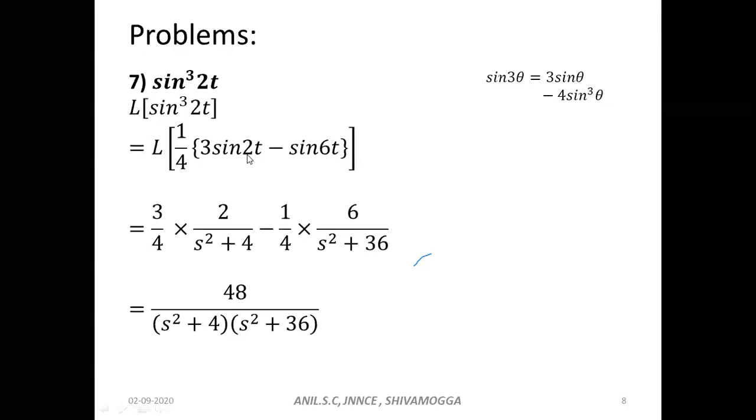Clearly, it takes the Laplace transformation of sine at form, where a is 2. Laplace transform of sine at is a divided by s square plus a square. Here a is 2, therefore a square is 4. Minus, you keep this 1 by 4 as this, the Laplace transformation of sine 6t. Here a is 6, therefore a divided by s square plus a square will be 6 divided by s square plus 36. Rest you can do. You take s square plus 4 into s square plus 36 as LCM factor and simplify.